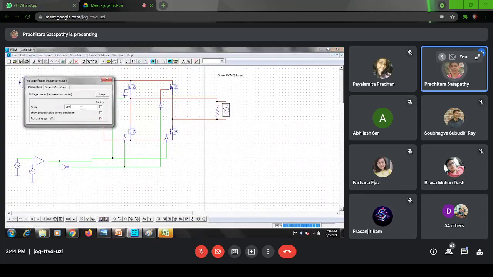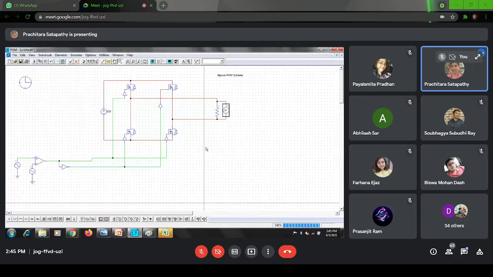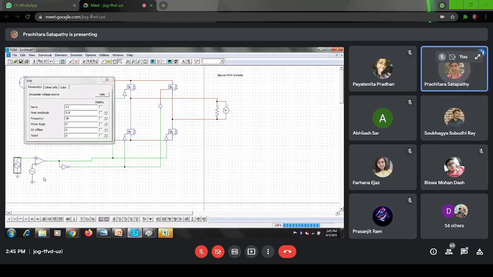This is bipolar. Okay, then we will do FFT analysis. First we will design the unipolar scheme, then we will do the FFT analysis of both so that we can study the difference, yes or no? For the voltage source, 100 sinusoidal, 0.8 triangular.